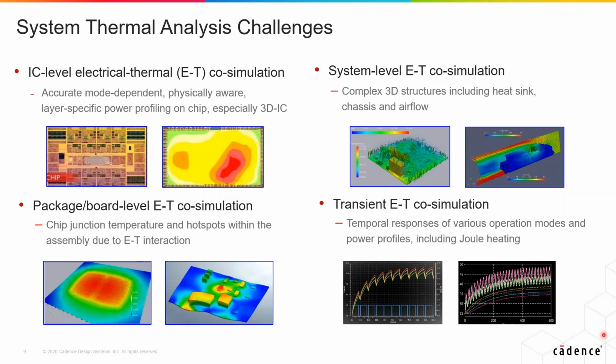Then when the size goes bigger, we go to the package and board. Designers are looking at the chip junction temperature inside the package and also any hotspot inside the assembly due to electrical-thermal co-simulations. The top right is the traditional electronic cooling arena, where people use computational fluid dynamics together with finite element methods to resolve flow patterns or heat dissipation out of these solid assemblies.